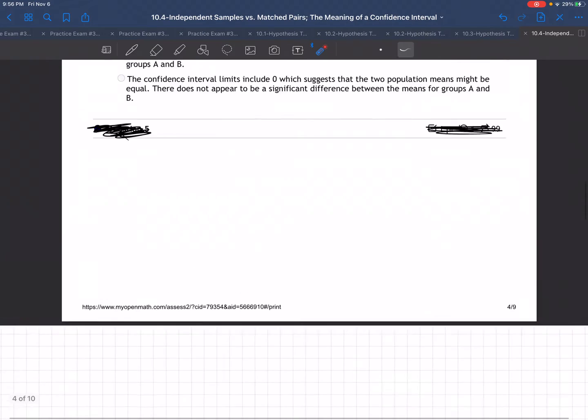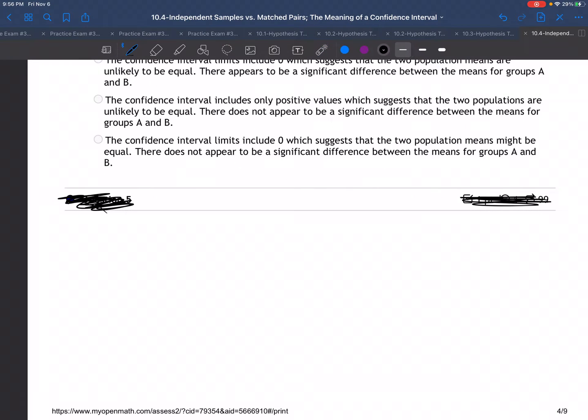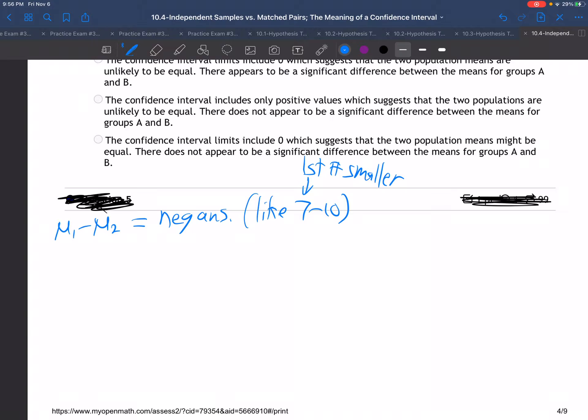When you subtract two things and you get a negative answer, what does it mean? Like 7 minus 10, the first number is smaller, right? That's what it means. Whereas if you subtract two things and get a positive answer, what does that mean?